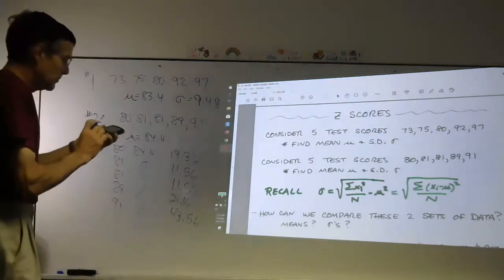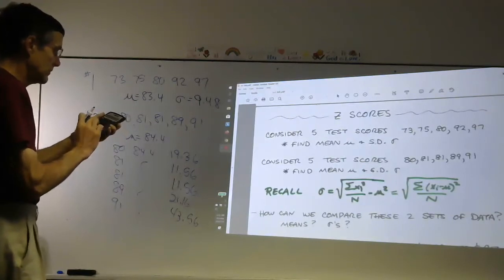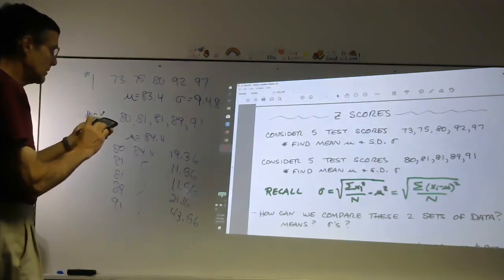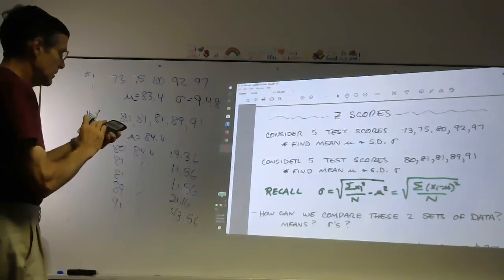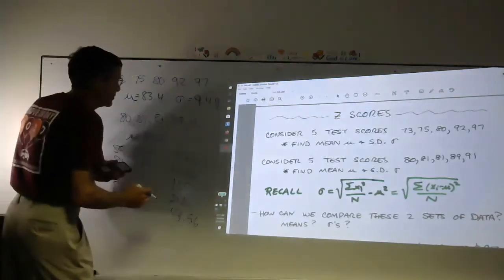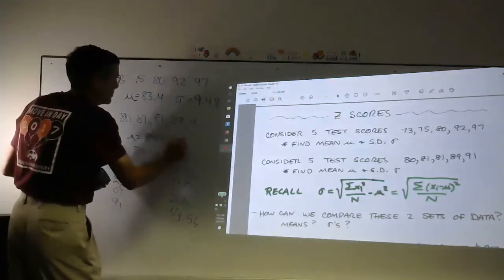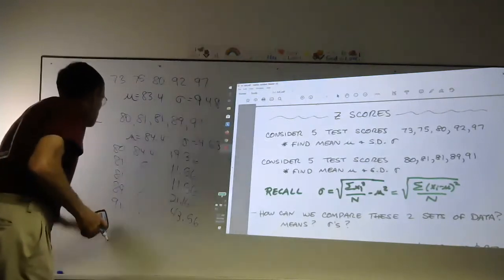All right, add those babies up. 21.16 plus 11.56 plus 11.56 plus 19.36 equals, we got to divide by 5 because it's the entire population, then take the square root of that answer, and I get 4.63. So sigma is 4.63. All right.